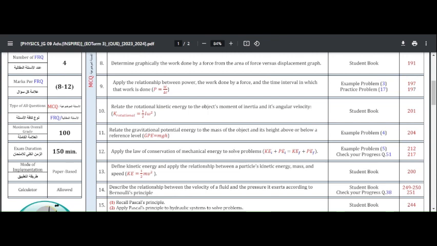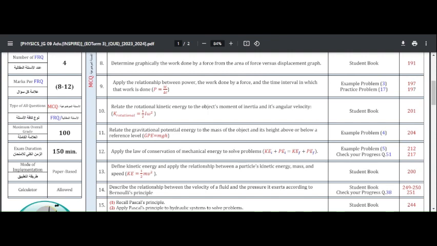Now the displacement on the x-axis may have several sections, right? The graph would be rising, then it could be constant, then again it will come down. So you have to read the question carefully and answer accordingly.